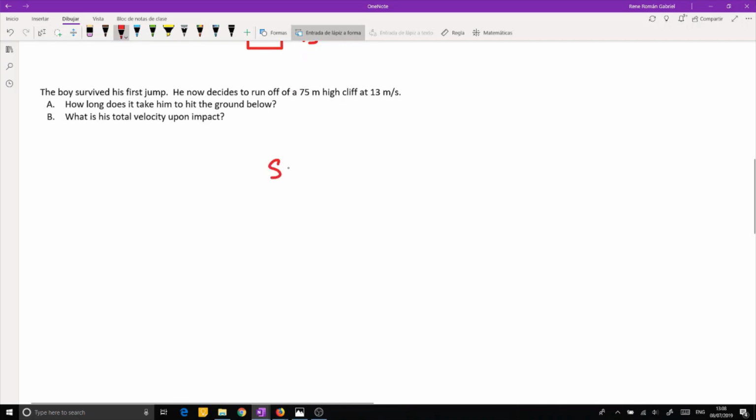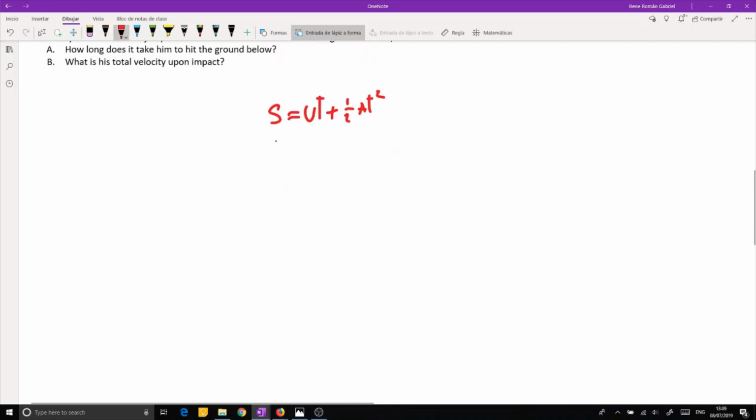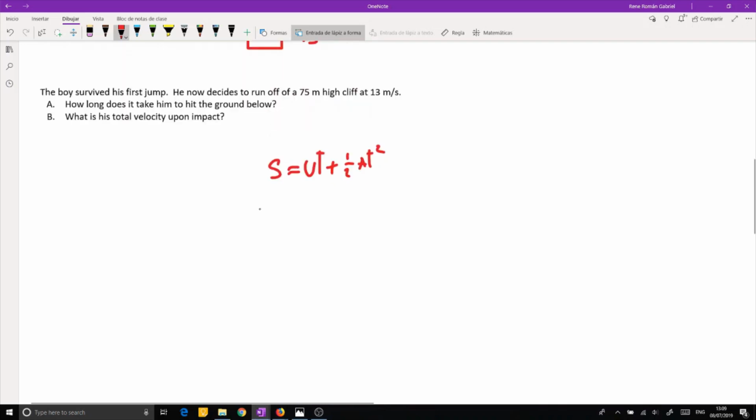S equals UT plus 1/2 AT squared. With this formula, what we should do is put the values again. UT is again 0, so we can eliminate this.